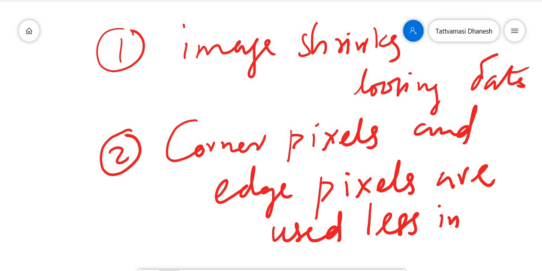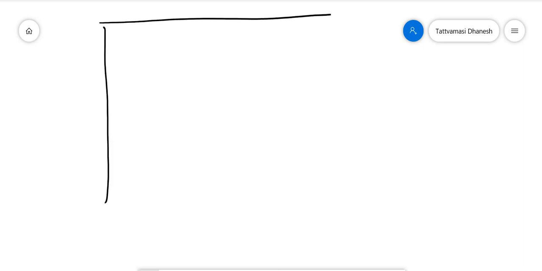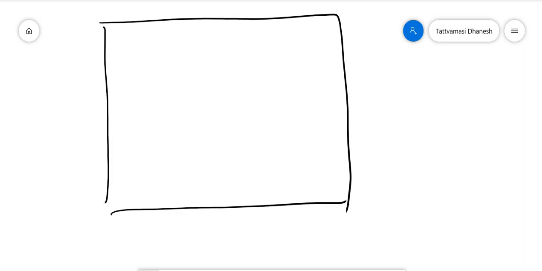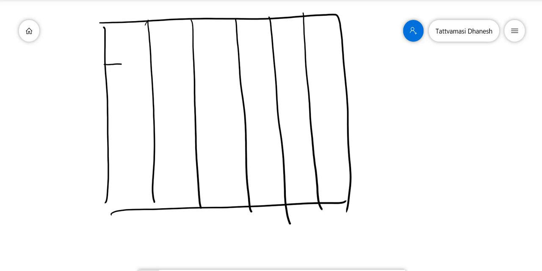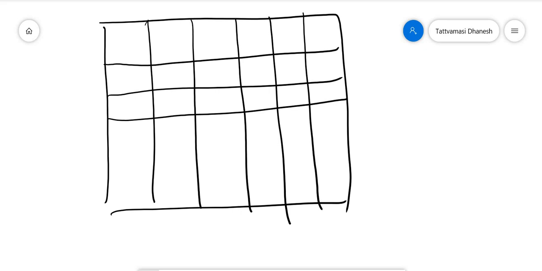I can explain how they are used less. For example, you have a map that is 6 by 6: 1 2 3 4 5 6 along each side.